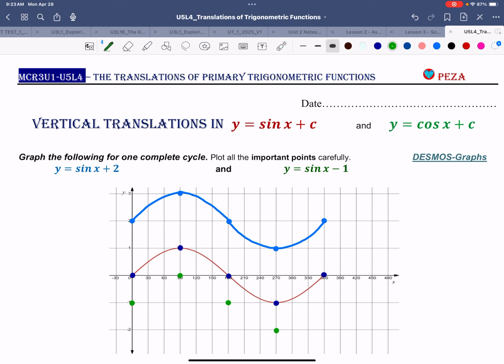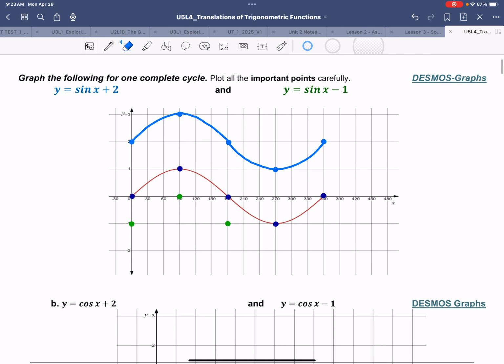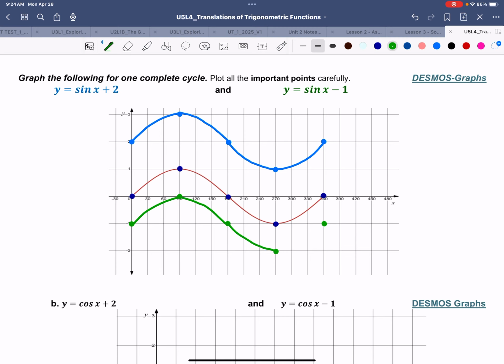So again, we'll connect these points together with a smooth curve. And here we go. This would be the graph of sine of x minus 1.